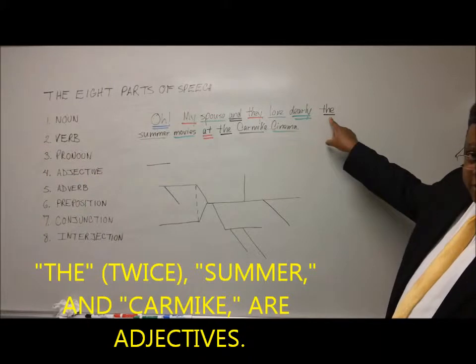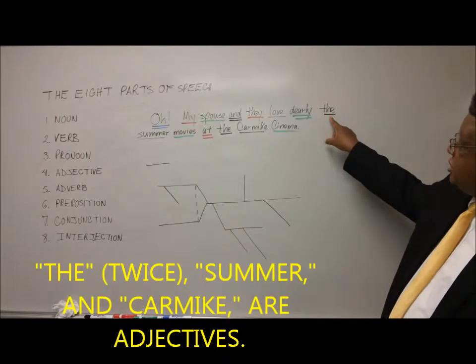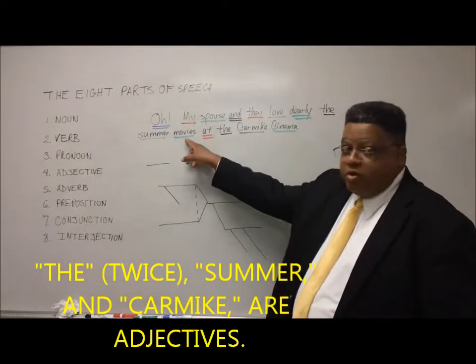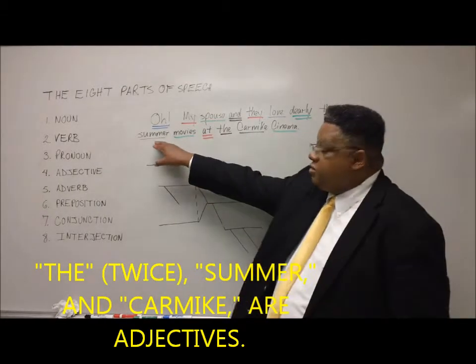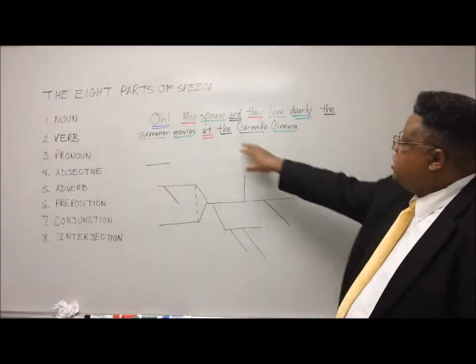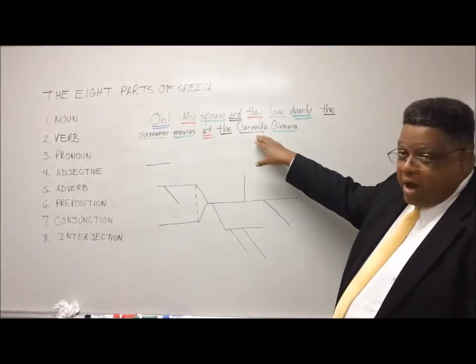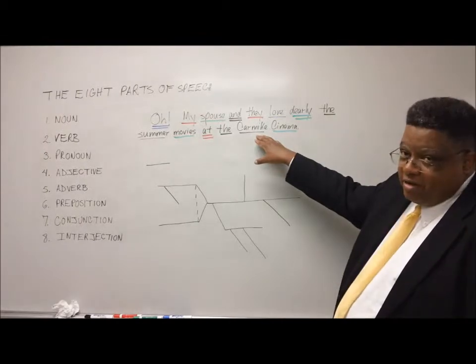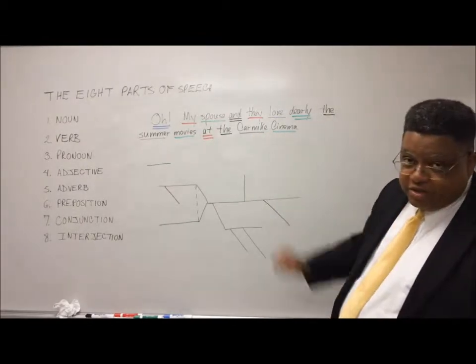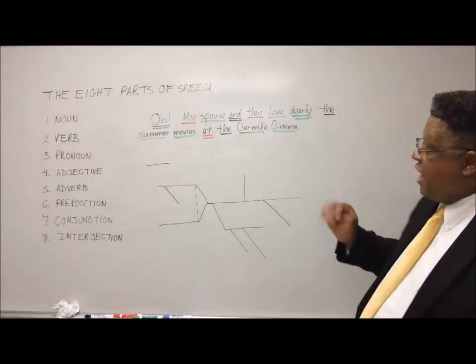This is a definite article that we're considering, for the sake of this assignment, an adjective because it does describe the noun movies. Summer is an adjective, that's the second one. The second article, the, is an adjective. And Carmike, which is a name, a noun used as an adjective, technically is an adjective in the context of this sentence. That's the fourth adjective.